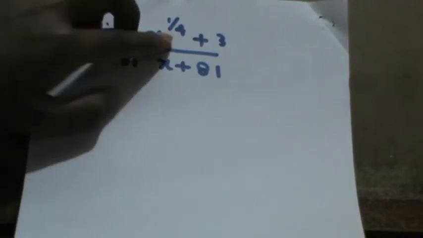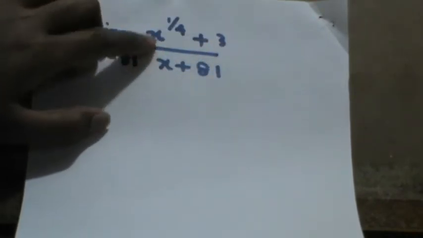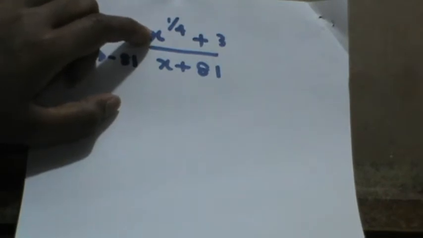Here is some power of x and here is some power of something. The x is here and x is here. 81 is here, and we can write 3 as some power of 81. So that's okay.